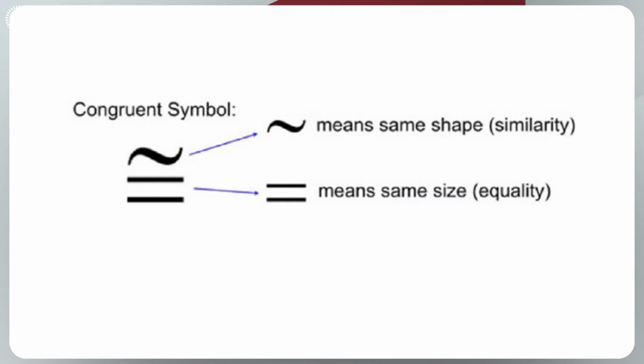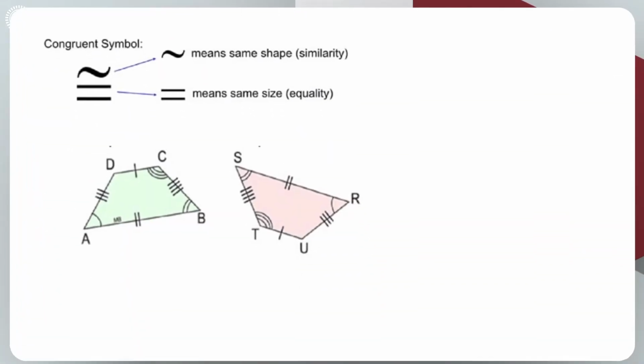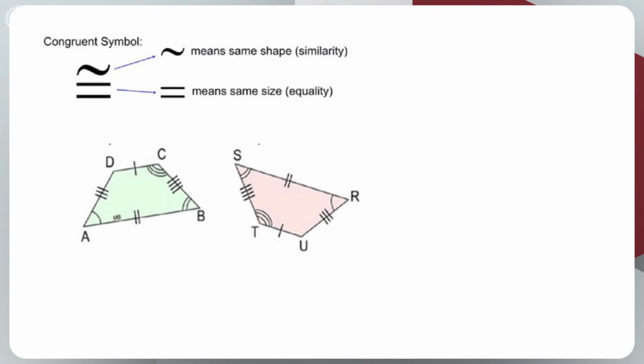So that is the congruent symbol. There is a symbol for similarity, for the same shape, and a symbol for the same size, for equality. Okay. Are you familiar with this? Only now are we giving it a detailed discussion. Sige, let's proceed. I will show you two trapezoids.